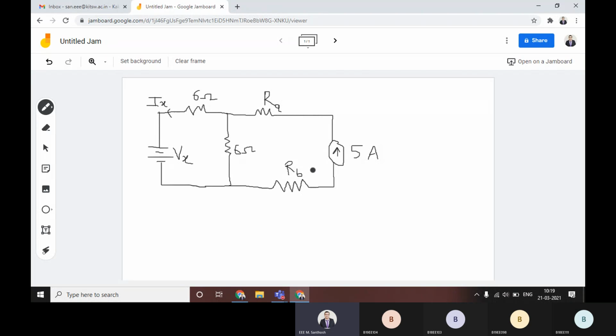This is the circuit, and across this 6 ohm they have given the voltage as 12 volts. Find the value of Ix from this circuit.